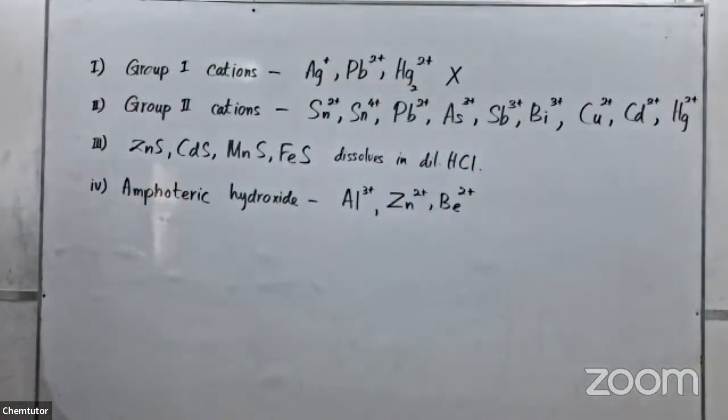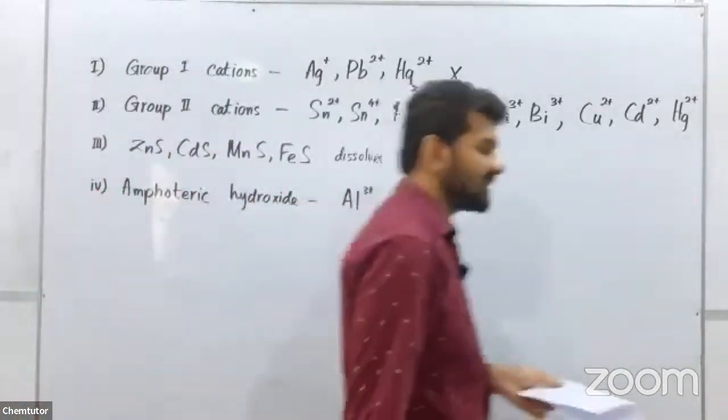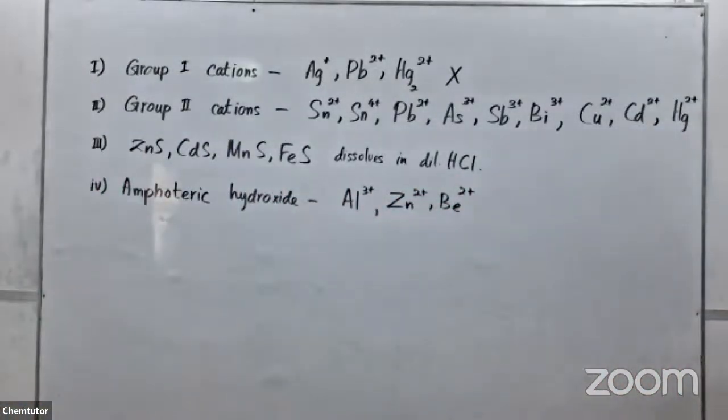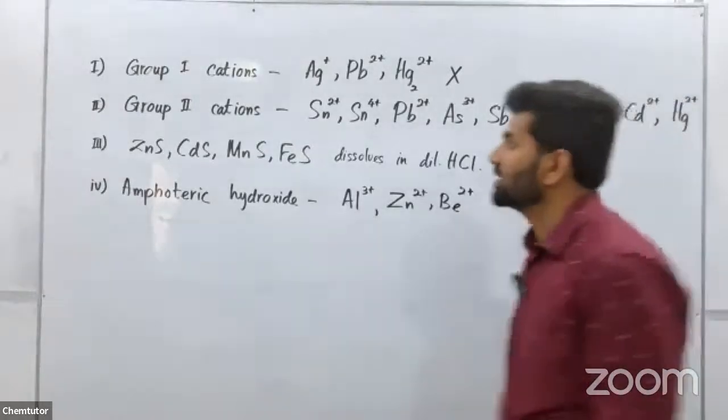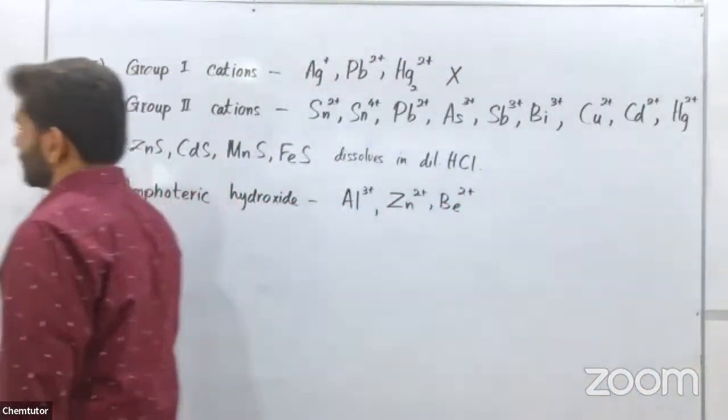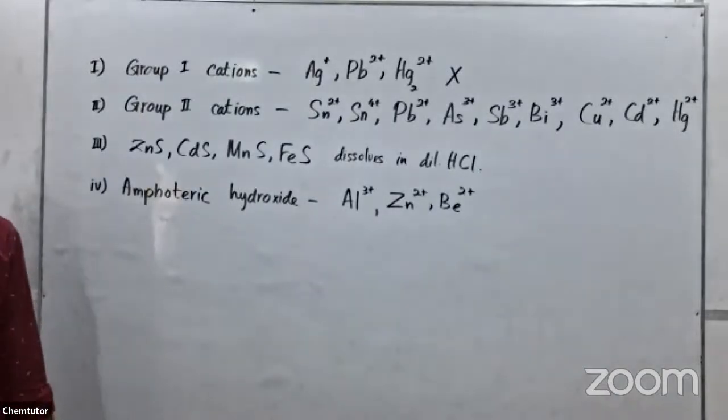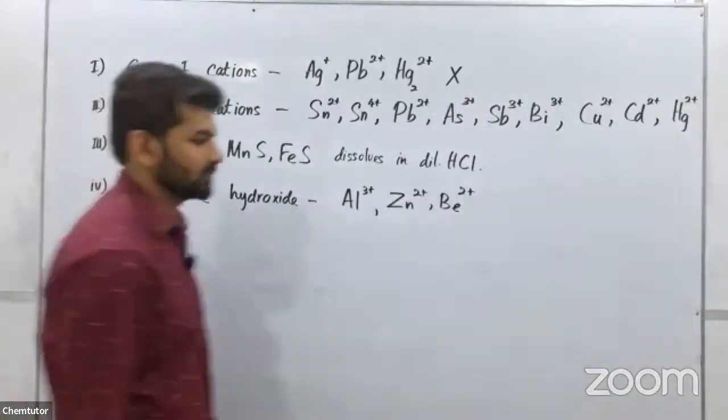You can say that Sn2+ and Pb2+ ions too are amphoteric, but their absence is confirmed in experiment number 2.